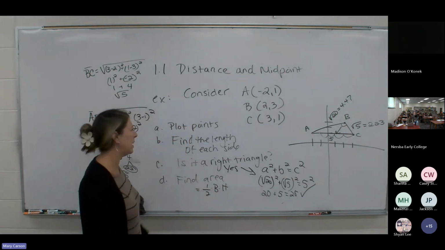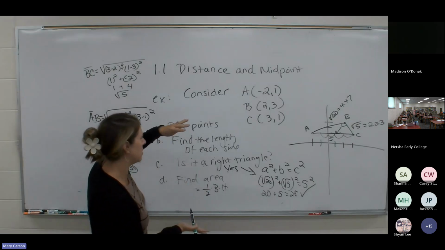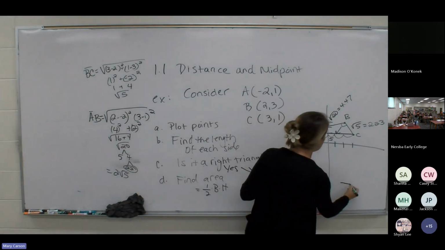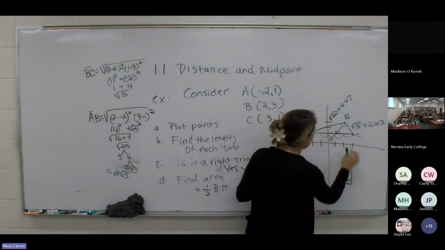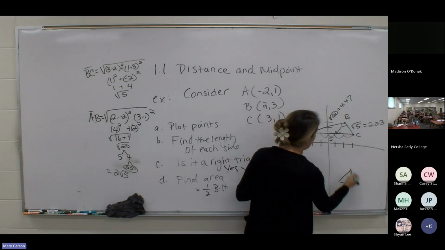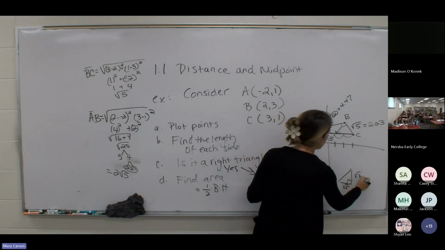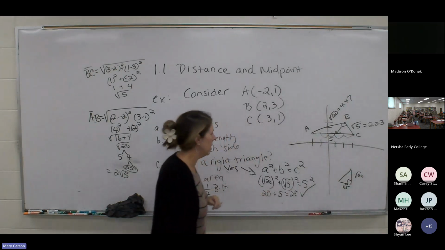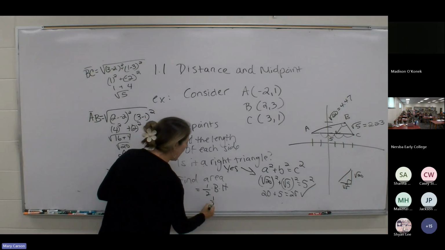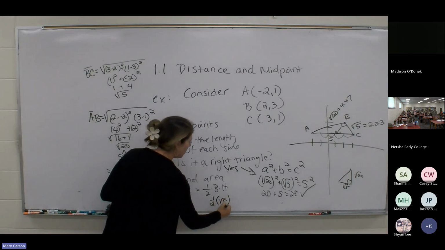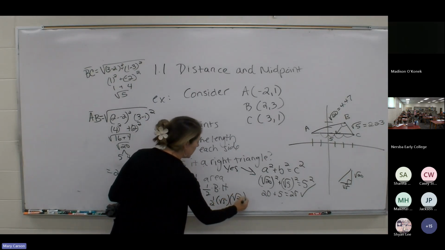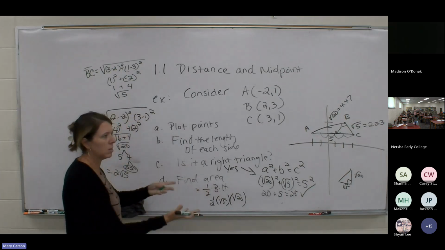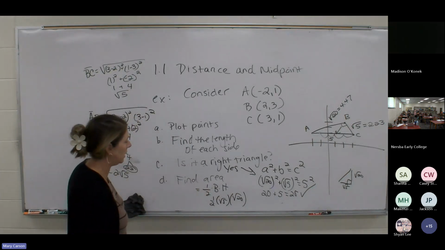Okay? And if you think about it here, imagine we're turning this. Our base would be the square root of 5, and our height would be the square root of 20. Okay? So I'm going to do 1/2. The base is square root of 5. The height is the square root of 20. And you could have left these as decimals, but it's honestly just easier to leave them.